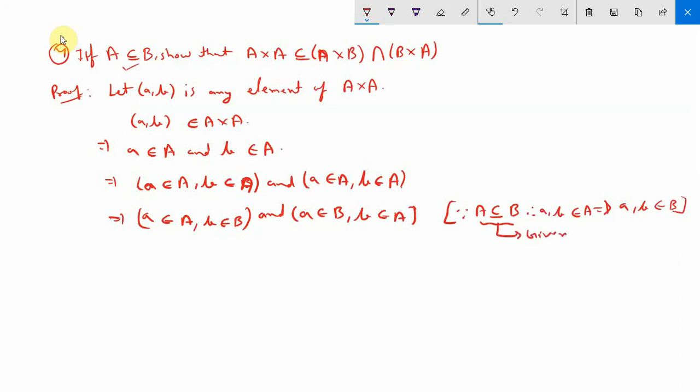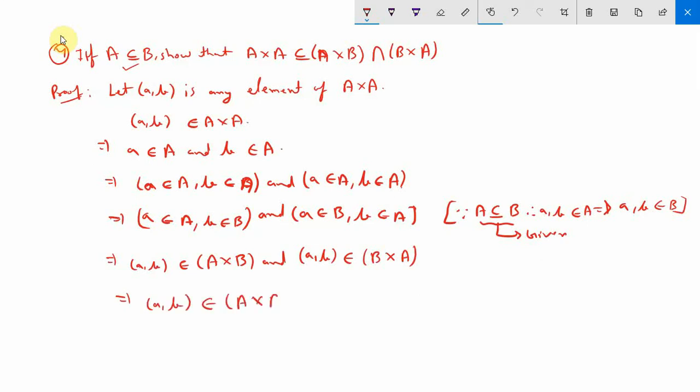See, A is a subset of B. So this we can write AB is an element of A into B and AB is an element of B into A. So from this we can write AB is an element of A into B intersection B into A. So from this we get A into A is a subset of A into B intersection B into A. Okay, hence we got the result.